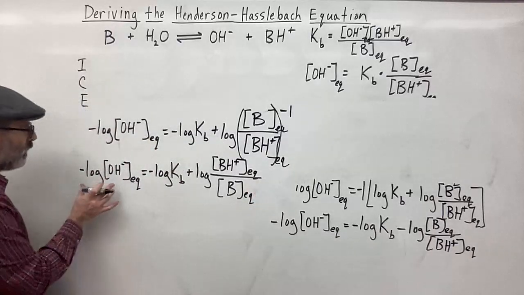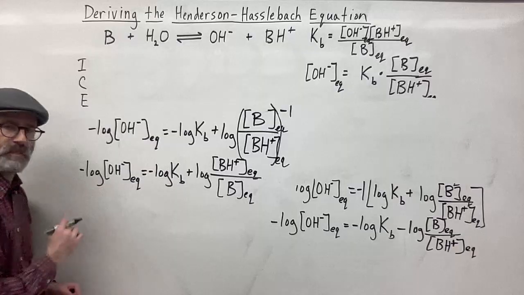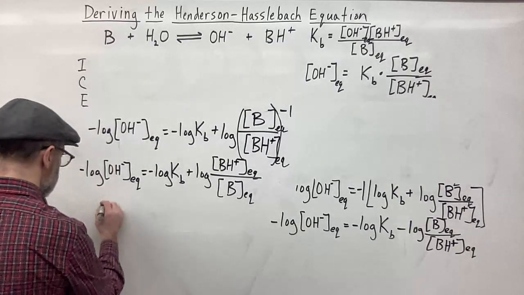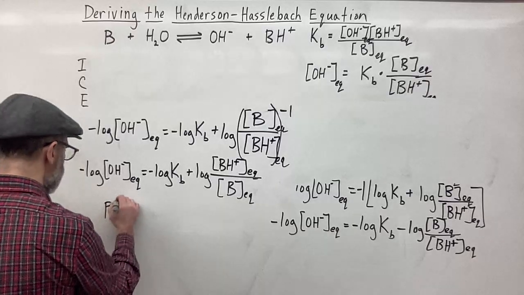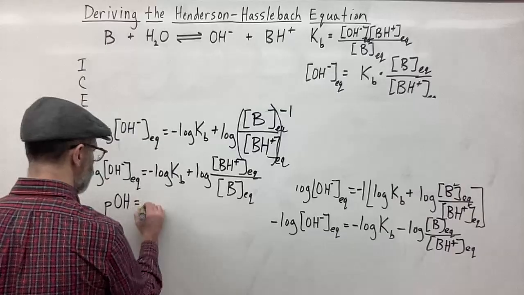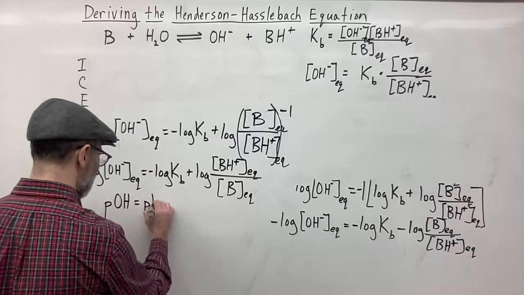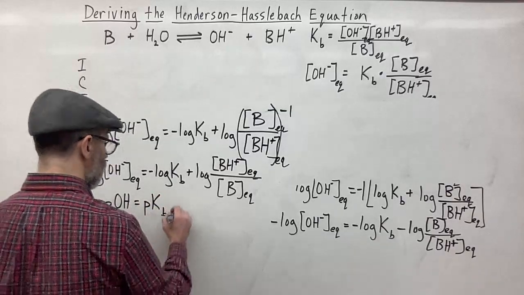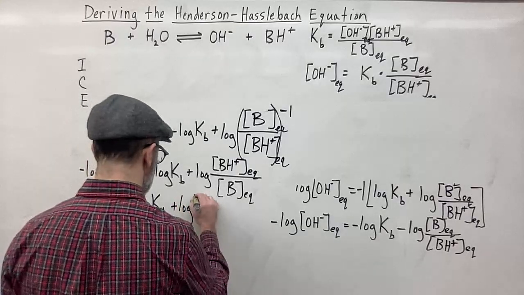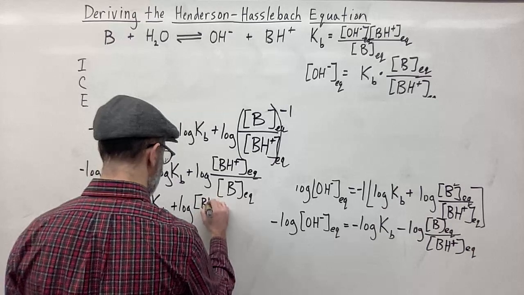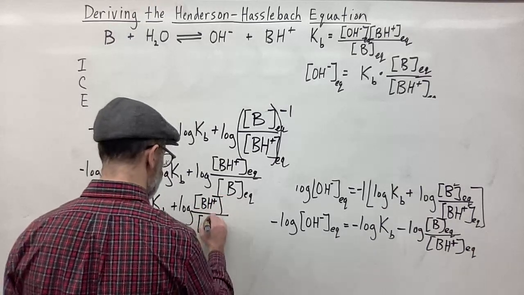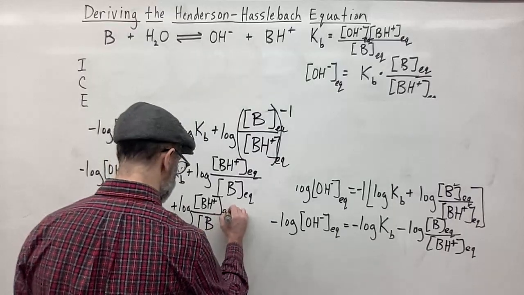And then finally, negative log of the OH minus concentration is pOH, right? Because that's what p stands for, the negative log of something. So here the pOH is going to be equal to the pKb plus the log of the concentration of BH plus over the concentration of B at equilibrium.